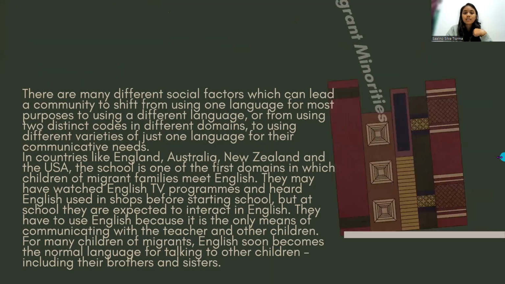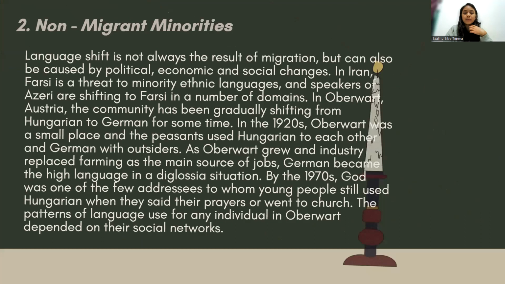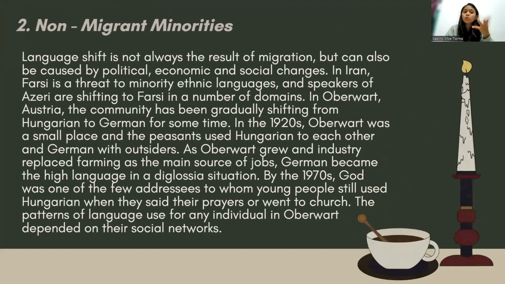Okay, next, the second one is non-migrant minorities. Okay, language shift is not always the result of migrations, but can also be caused by political, economic, and social change. For example, in Iran, Farsi is a threat to minority ethnic languages, and speakers of Azeri are shifting to Farsi in a number of domains.